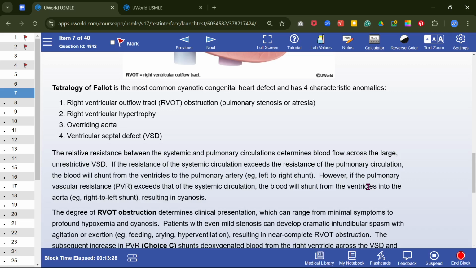However, if the pulmonary vascular resistance exceeds the systemic circulation, the blood will shunt from the ventricle into the aorta, a right to left shunt, resulting in cyanosis.